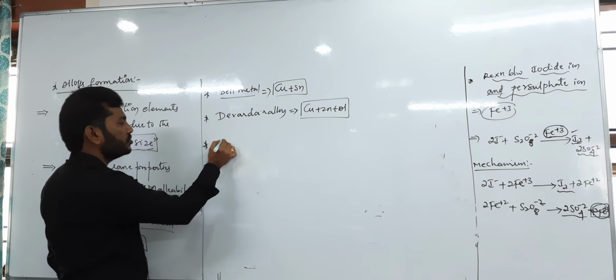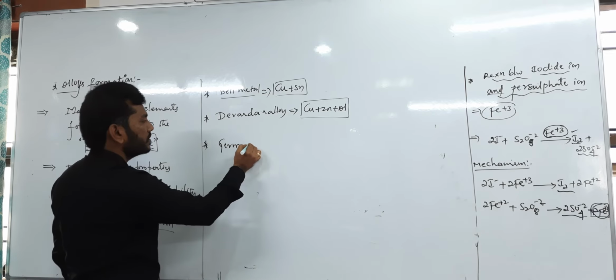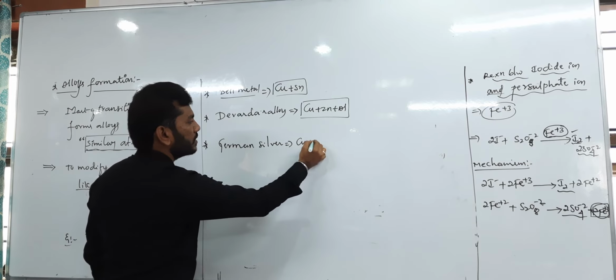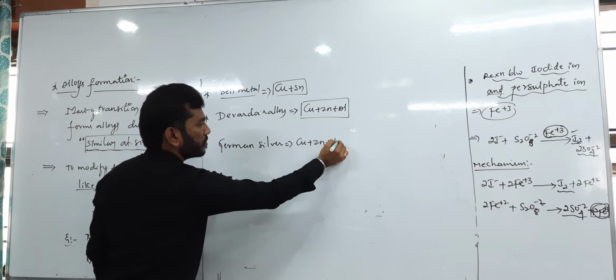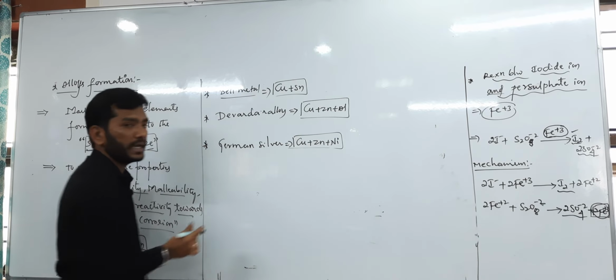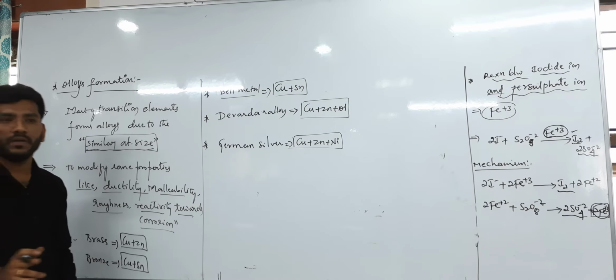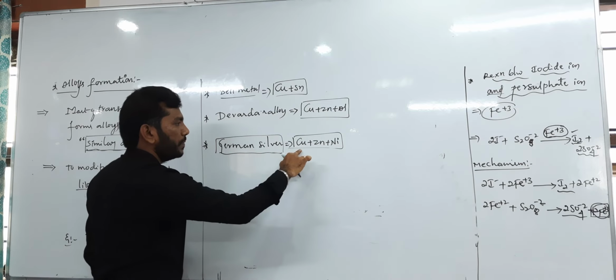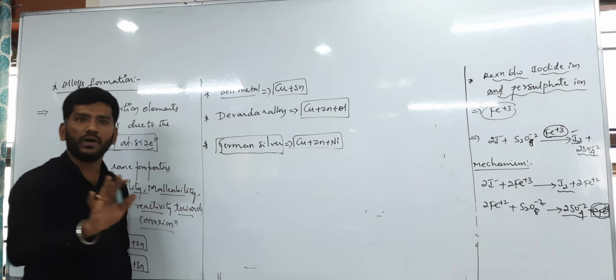And we have German silver. German silver is copper, zinc and nickel. Look, there is no silver in German silver, don't be confused. German silver is an alloy of copper, zinc and nickel, but it doesn't have silver content.